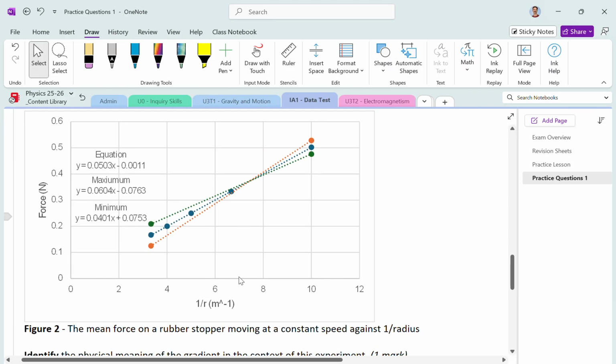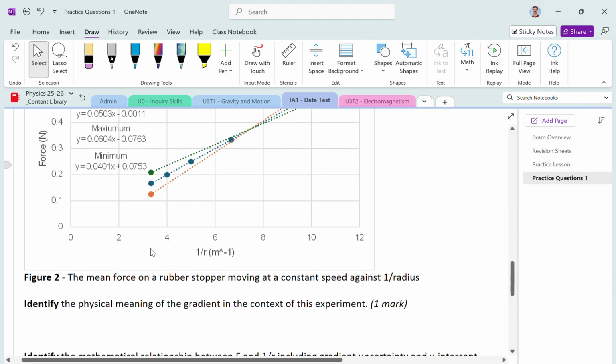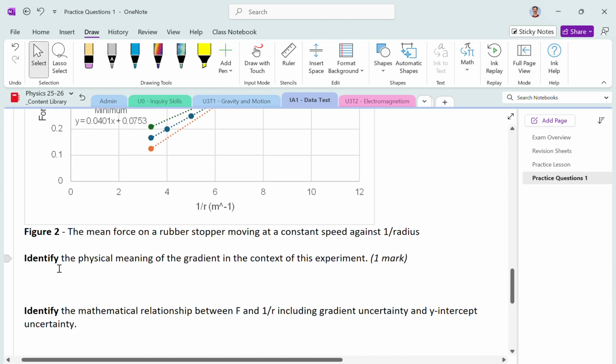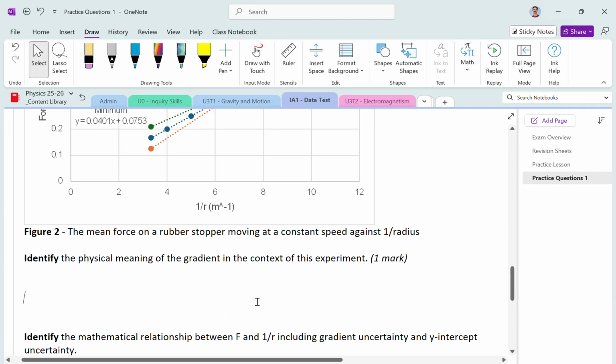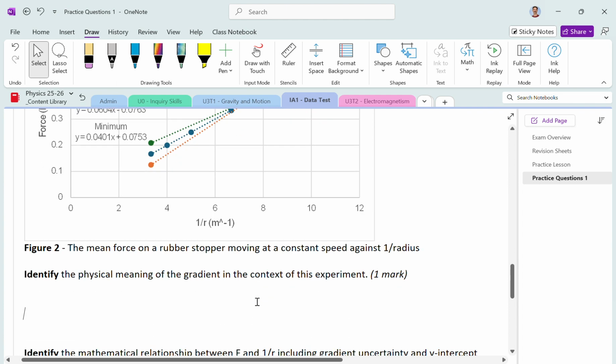We have now been given a linear plot, and we have equations that we are given. The first question asks us to identify the physical meaning of the gradient in the context of this experiment. What does that mean?